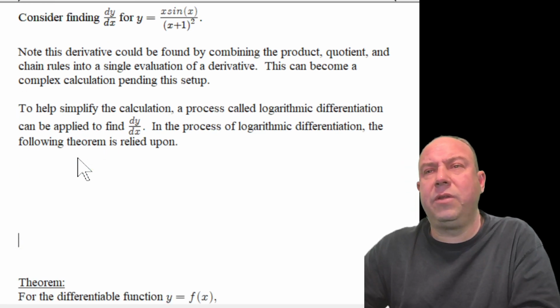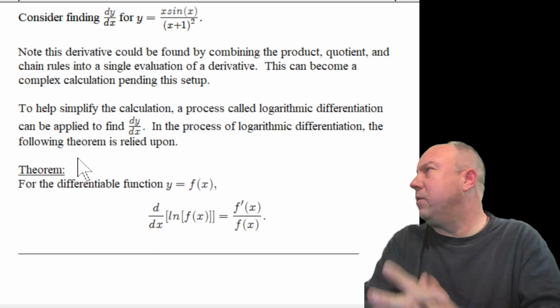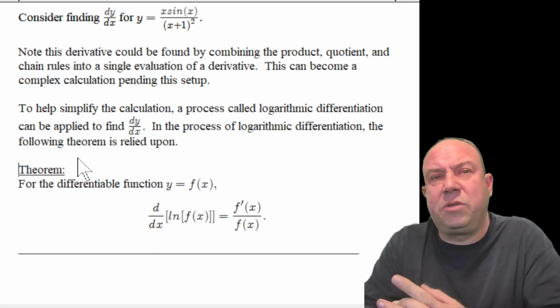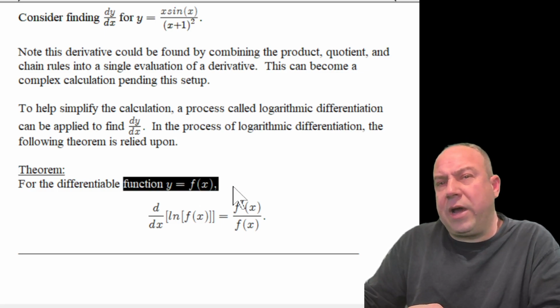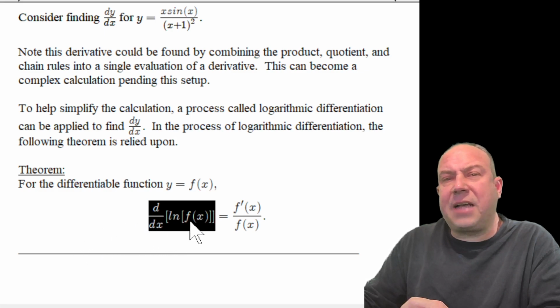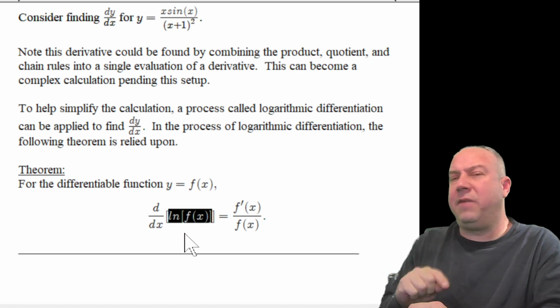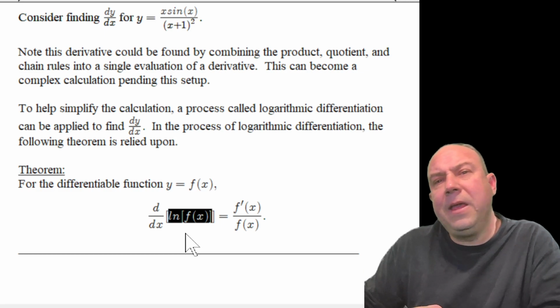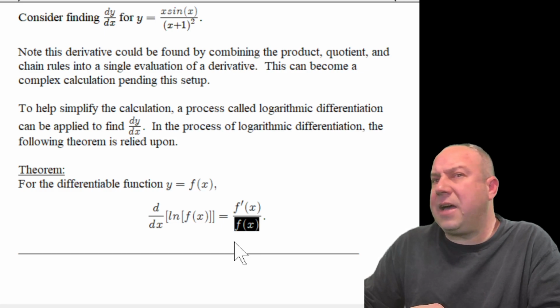We rely upon a rather useful derivative result, and that is this result here. For the differentiable function y equals f of x, if I consider finding the derivative with respect to x for the ln of f of x, the natural logarithm of our function, the result will always be f prime, the derivative of f, divided by f of x.